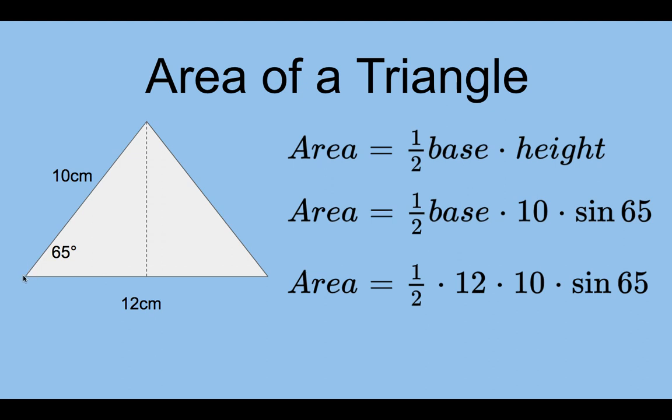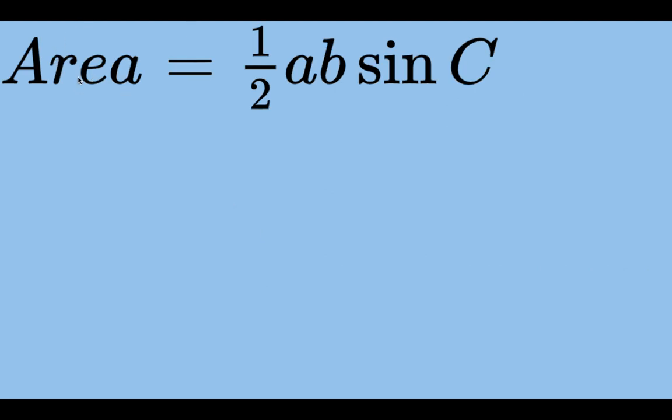So as long as we've got a half of one side and the other side in this included angle, we can't use this angle or this angle. We need this included angle, the angle between the 10 and the 12. That's basically what our formula is. So that's where we get this from. The area equals a half AB sine C. C must be the included angle.